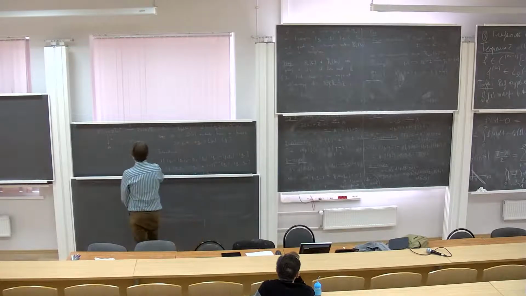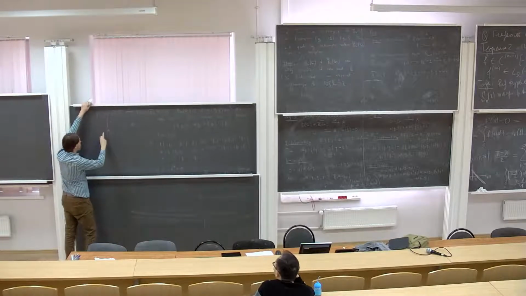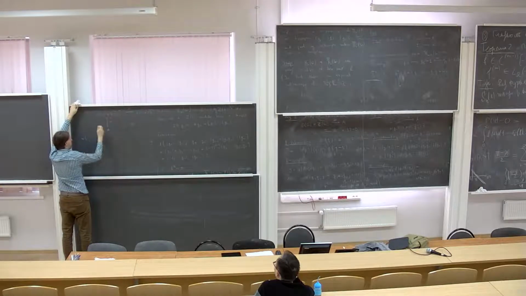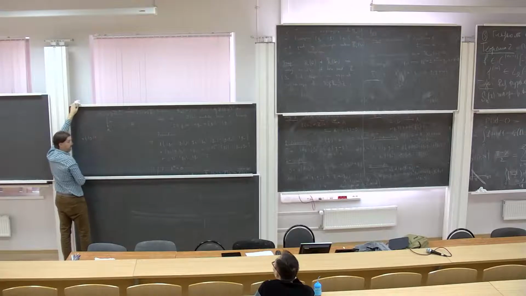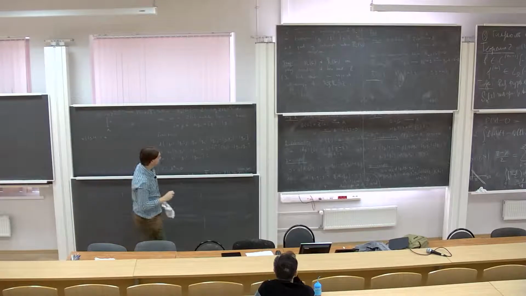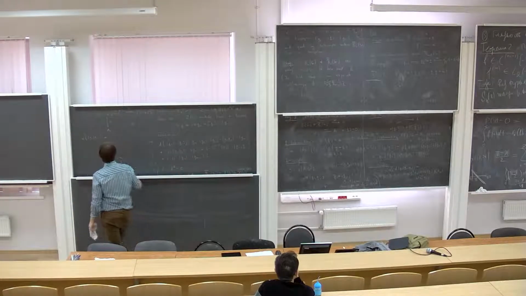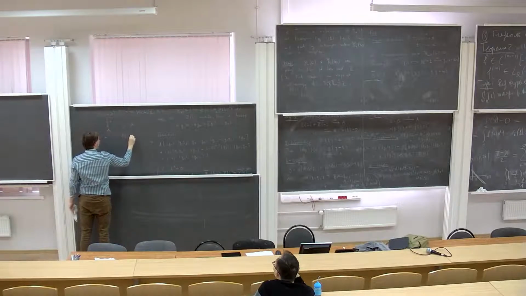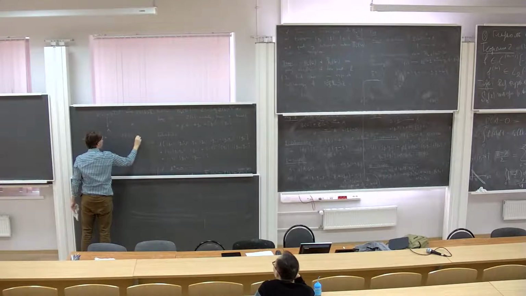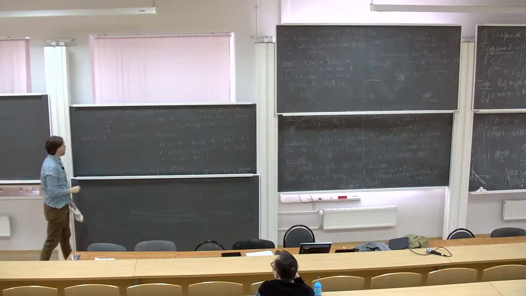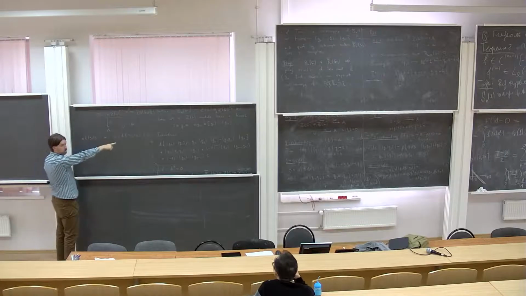Well, let's compute. If I take a basis element of the form G1, G2, alpha of that is supposed to be equal to this expression, D of beta. There's supposed to exist a beta for which this is always true.